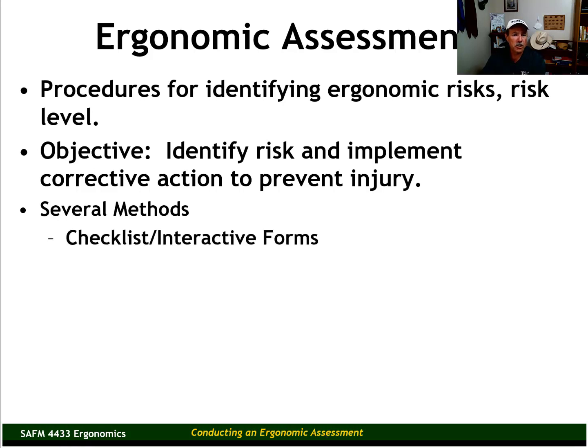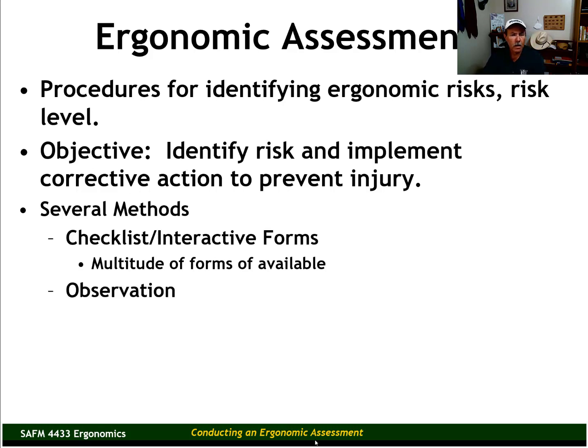You can use a checklist approach with interactive forms, and we'll talk in more detail about using checklists and forms during this unit. There are a vast number of forms that have already been created by safety managers that could be used, or you could develop your own. You may need to develop your own. Again, more on this particular method later in the unit.